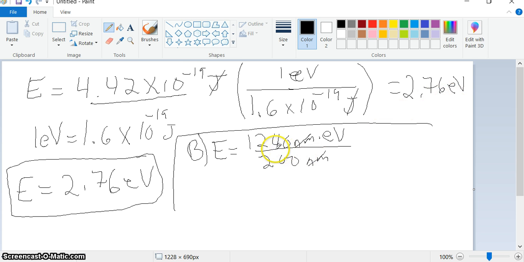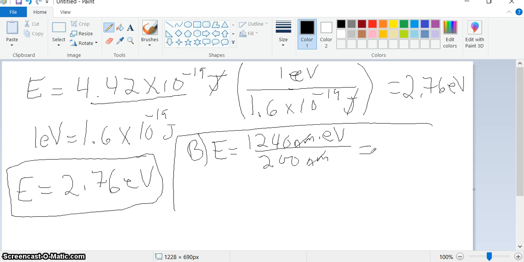What we're going to see here is something I really want you to understand and appreciate: when we go from 450 nanometers to 200 nanometers, the energy is going to go up, right? Because the number in the denominator gets smaller, and therefore the energy will go up. We cancel the nanometers as I've already done, and the answer comes out to be 6.2.